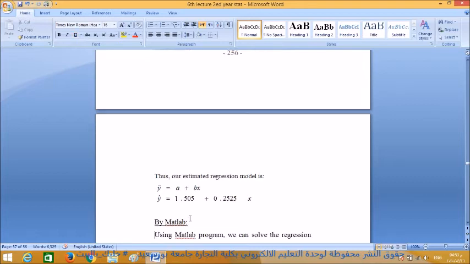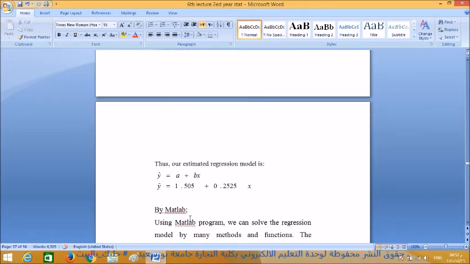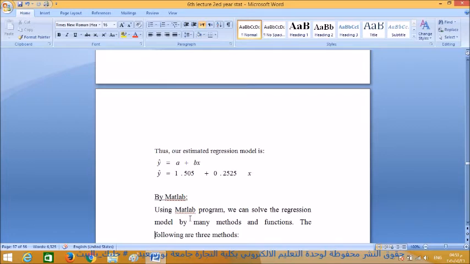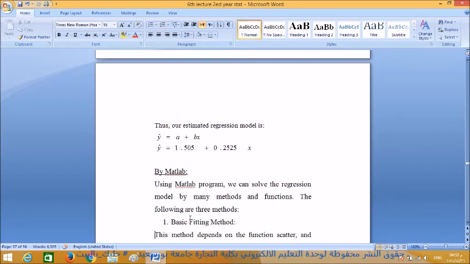By MATLAB we can use three methods to get this least squares line. We will study two of them only. Number one, the basic fitting model.